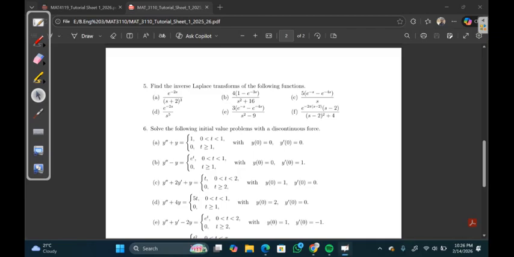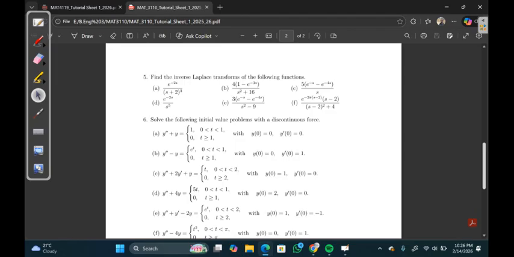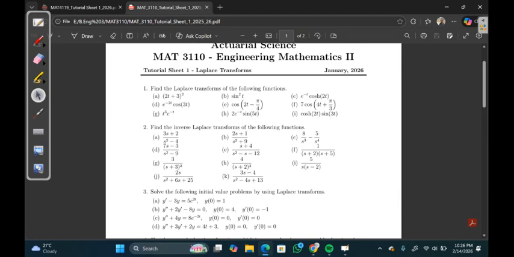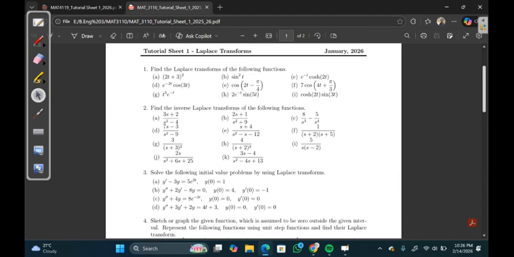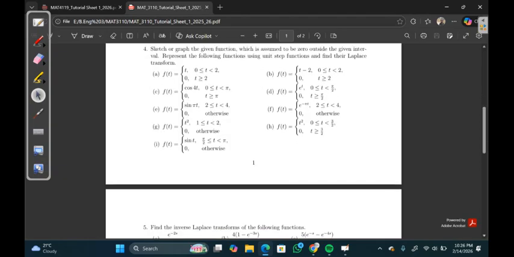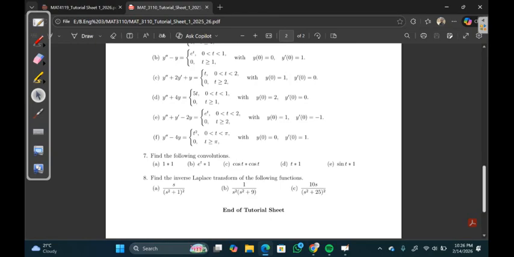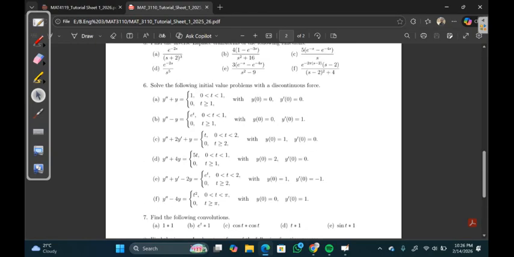Going to question 6 is just a blend of question 3 and question 4. That's what question 6 is all about. So one thing that is actually very convenient here is that in this tutorial sheet, all the initial conditions are starting from 0.